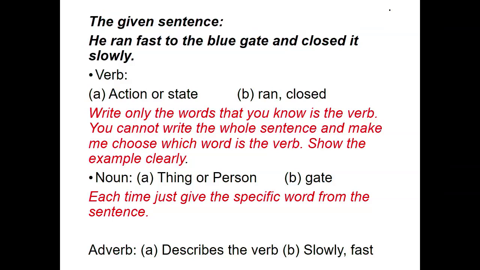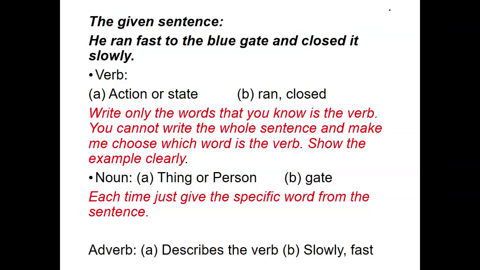So if you look at the sentence above, what actions are taken? Ran, he ran, and he closed. You only write the words that you know are verbs. You cannot write the whole sentence and make me choose which word is the verb. You must show your example at number B clearly.